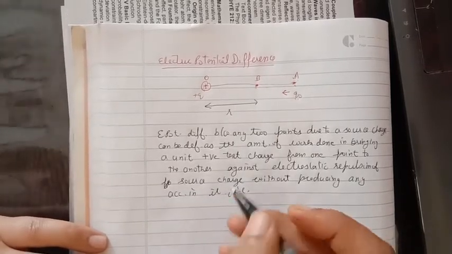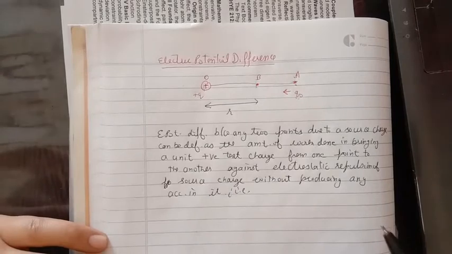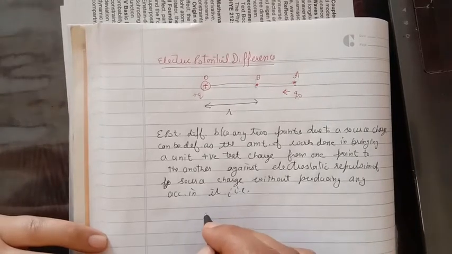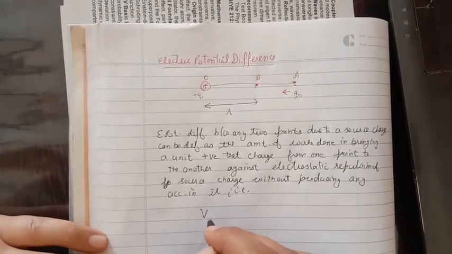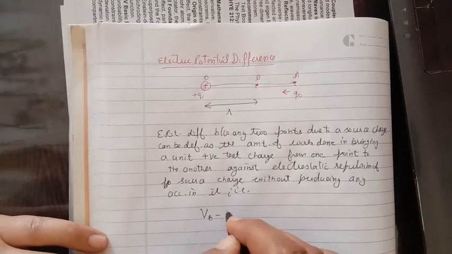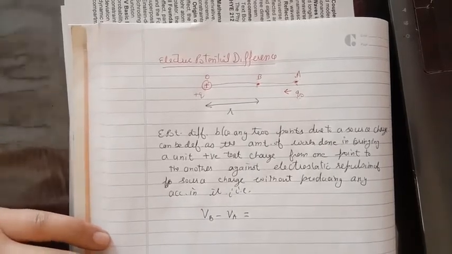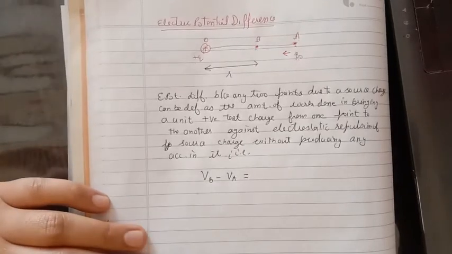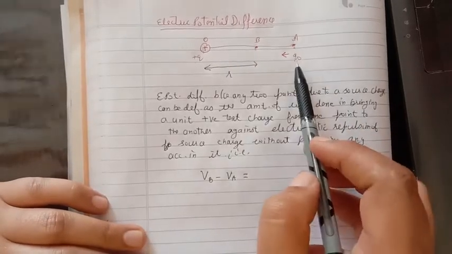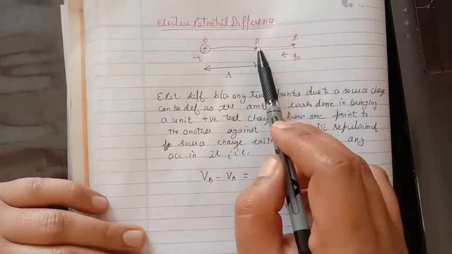Now how to write this potential difference? This potential difference will be written as potential at final point minus potential at initial point. Always remember, whenever we are writing the potential difference, you have to see the movement of the charge from initial location to the final location.